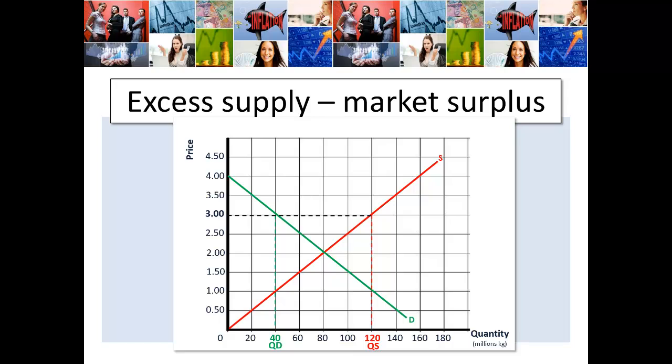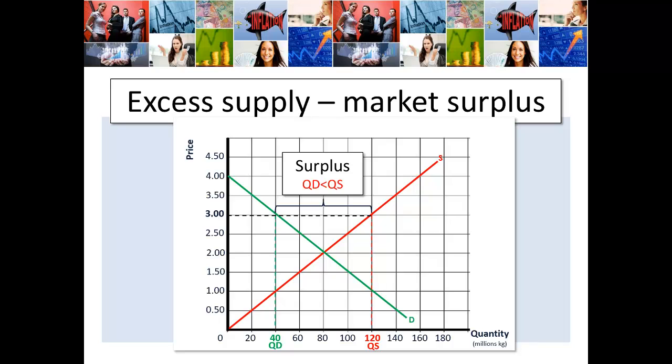If for some reason the market price was set at $3, the quantity supplied is going to be greater than the quantity demanded. And you can see at $3 the quantity supplied is 120 million kgs, whereas the quantity demanded is only 40 million kgs. There's excess supply. There's a surplus in the market.